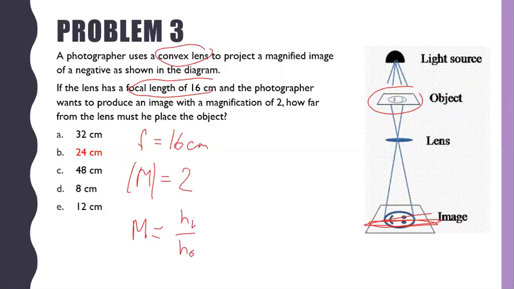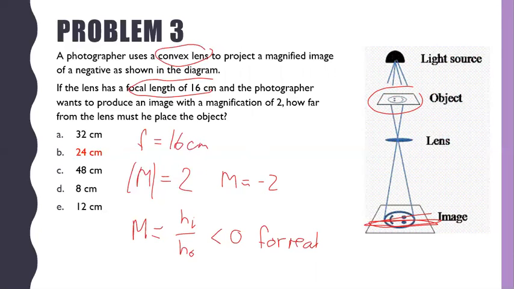So if it's inverted, HI is negative. And that means M is negative. So that's negative for real images which are also inverted. Okay, so now I know that my M is negative 2. The absolute value is 2, but I actually know what M is. It's -2.